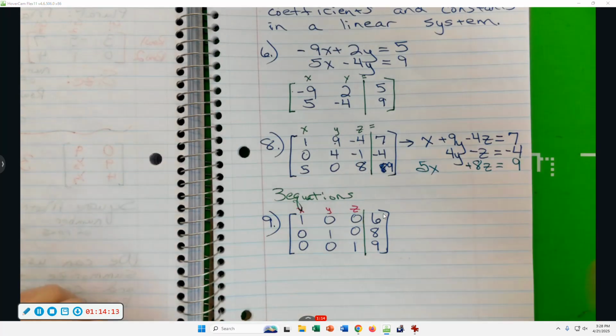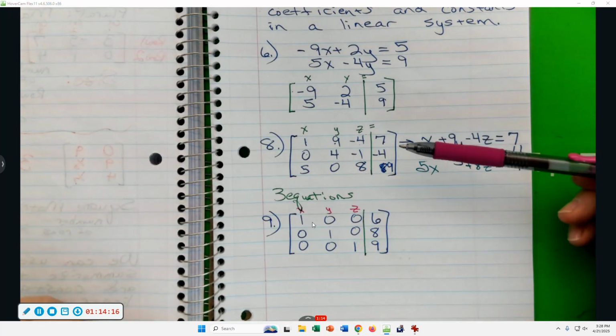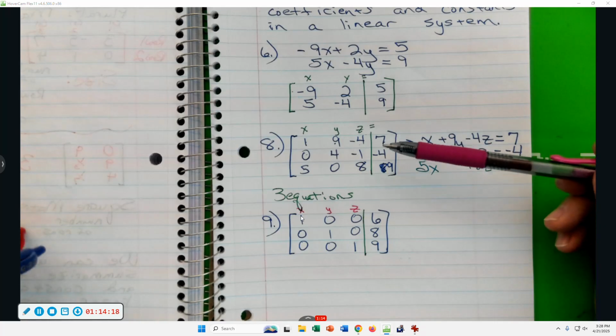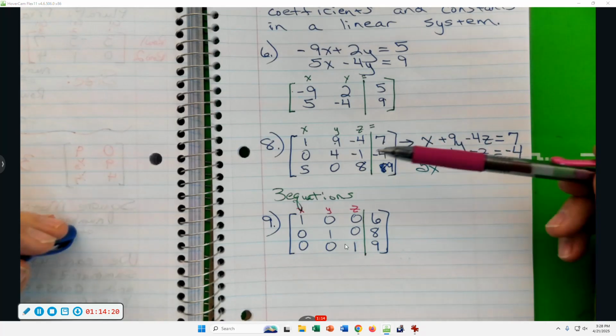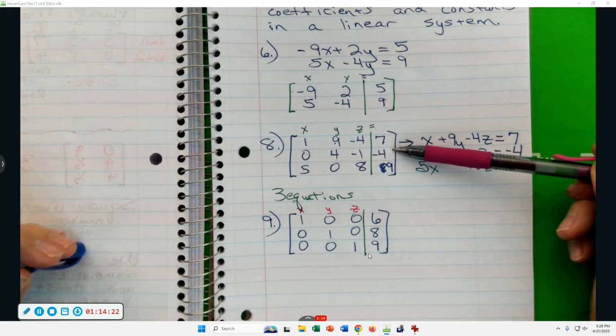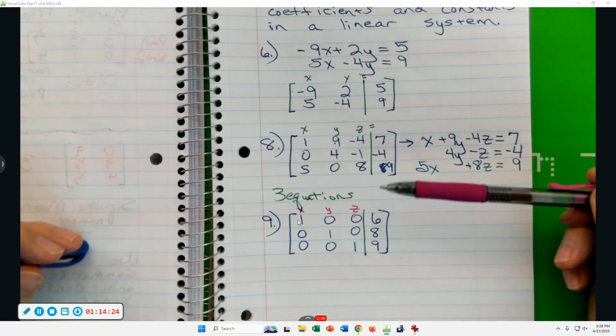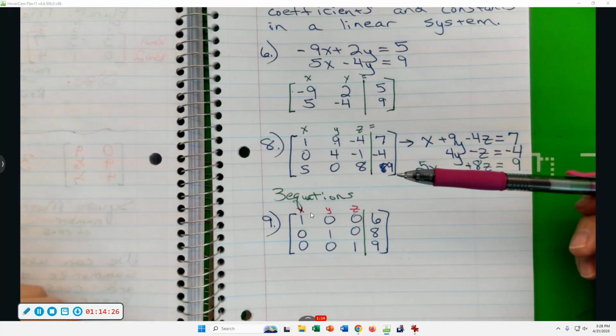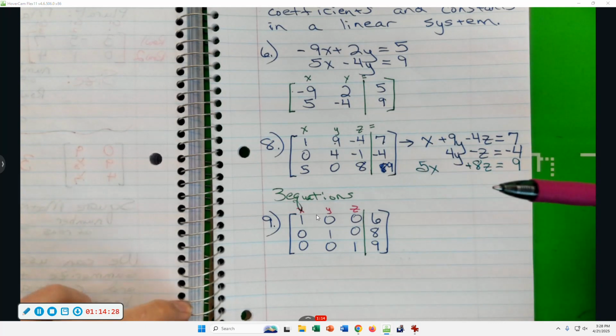In Math 1324, in differential equations, we take matrices that look like this, and we perform a series of elementary row operations that aren't that elementary.